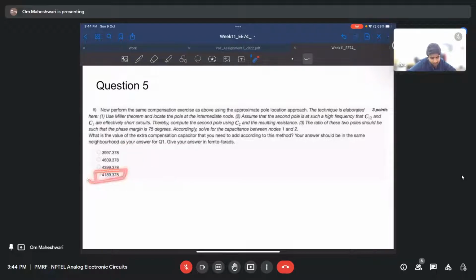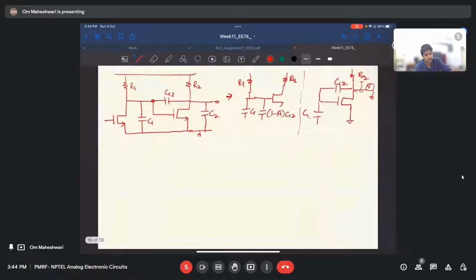It is D part, right? So you can directly mark it. But anyway, we will try to solve it using the approximation method they are describing here. We know directly that the answer should be this because it is closest to the 4166 that we found earlier, so the approximate solution should be closer to this. Anyway, let us solve it. Okay.